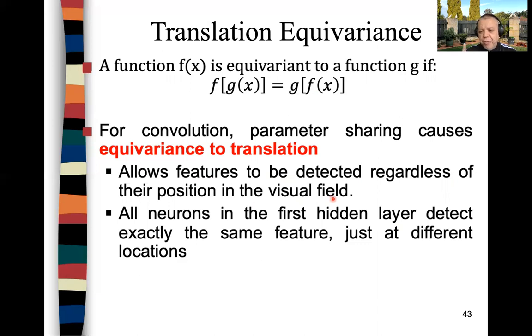So if you have, for example, an edge, as we've seen in the example before, this edge would be detected the same way regardless of where it is in the receptive field, wherever it is in the image, okay? And all neurons in the first hidden layer detect exactly the same features, just at different locations. These are the three properties which make convolutional neural networks attractive. Thank you.